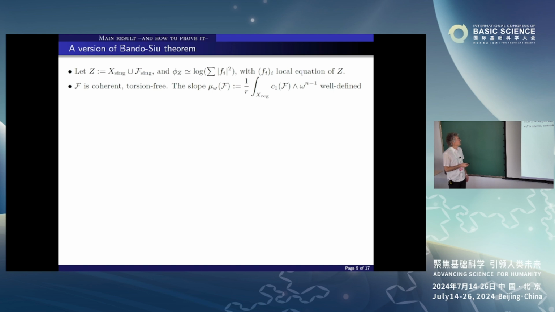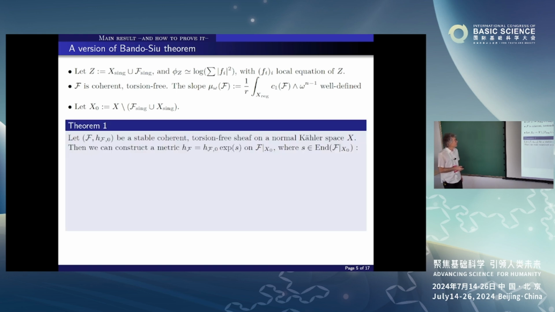And then in this context of a coherent torsion-free sheaf, the slope is still well defined, so even if you integrate only on the regular part of X. It's basically due to the fact that this sheaf is torsion-free, so outside of codimension 2, you don't have any troubles. And then let's denote X₀ the open part, where you remove basically everything.